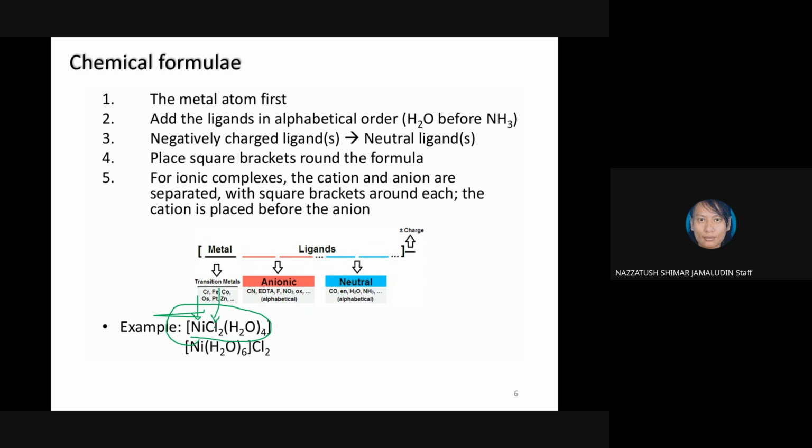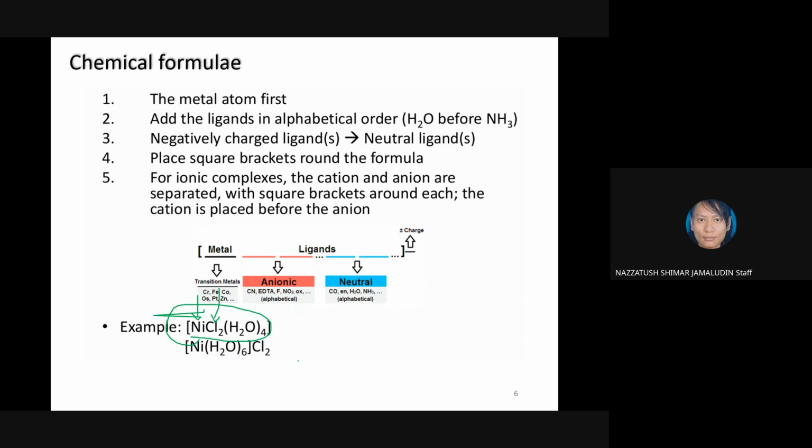Any ligand that can exist as an ion is an anionic ligand. Water, ammonia, phosphine are all neutral ligands. By themselves they are not ionic, and even coordination with any metal doesn't make them ionic.